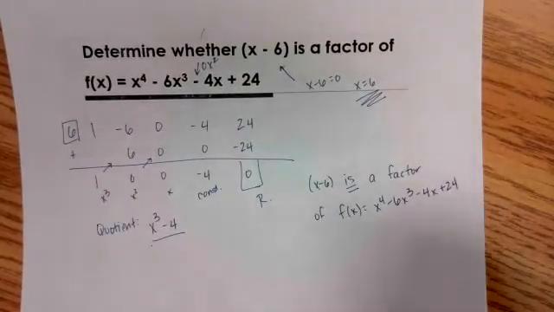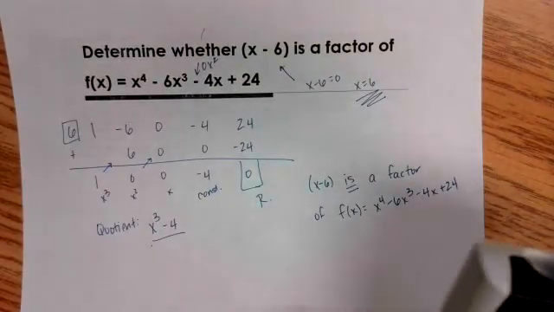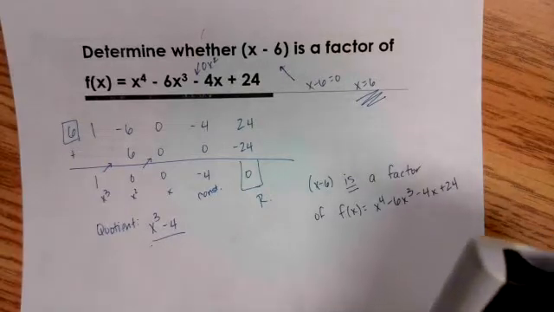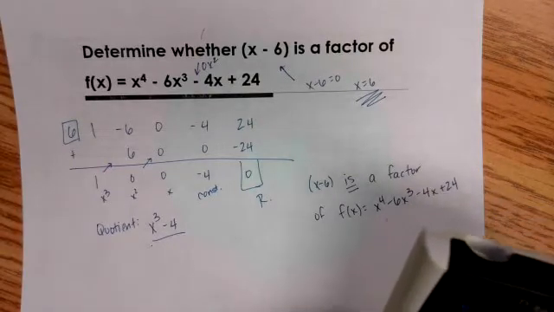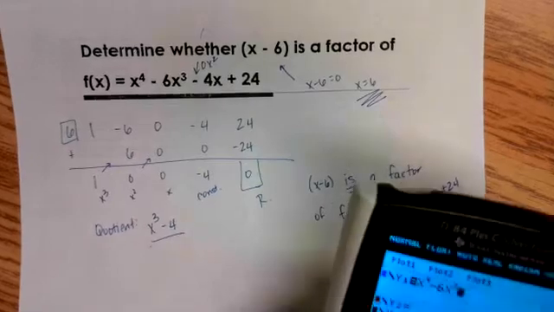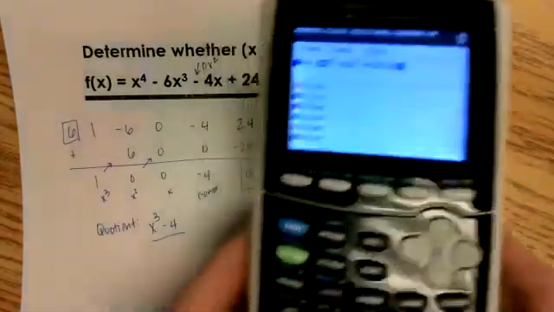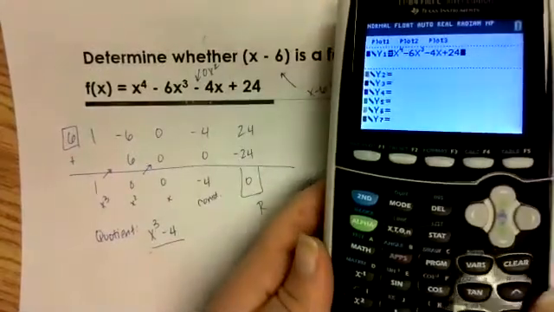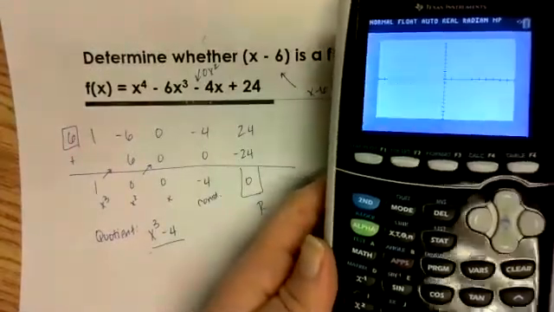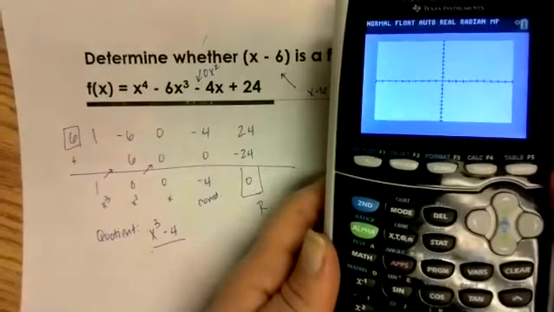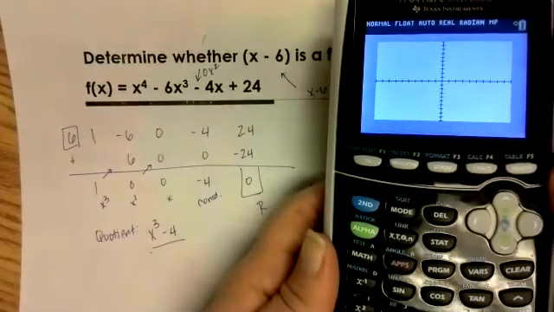So let me type this equation in to my handy-dandy calculator. Here is my equation. Make sure it matches. Let me hit my graph. It should hit the x-axis at +6.